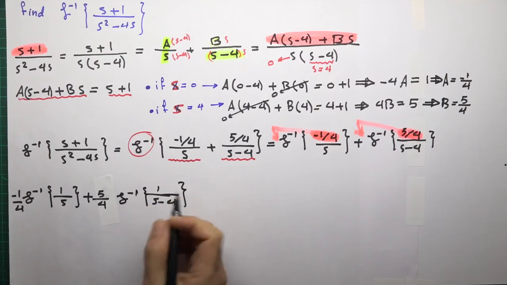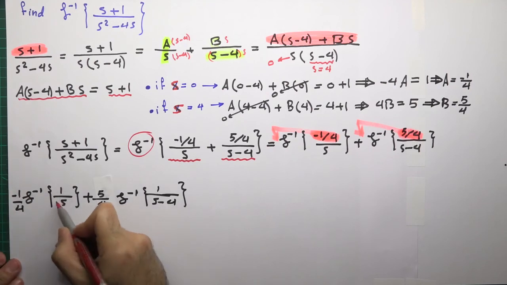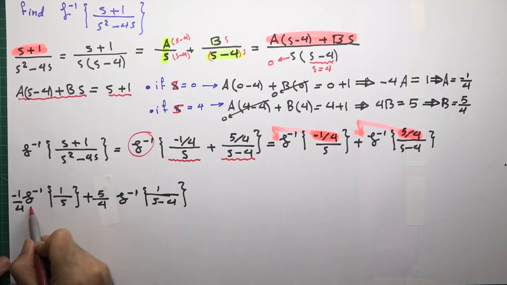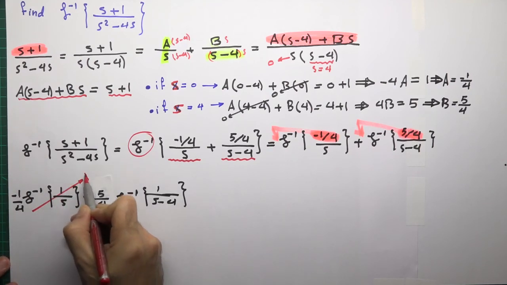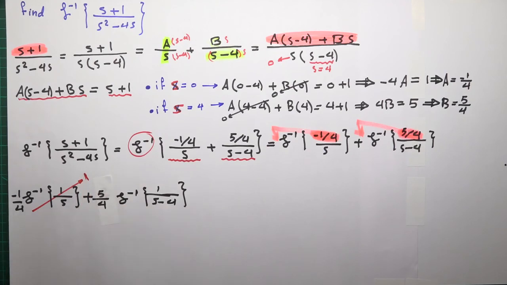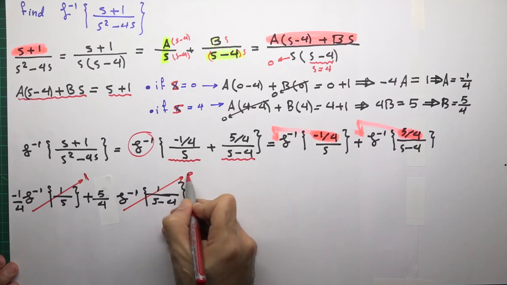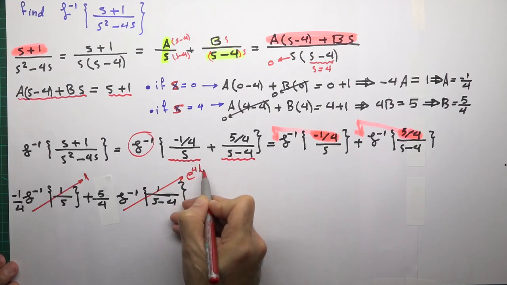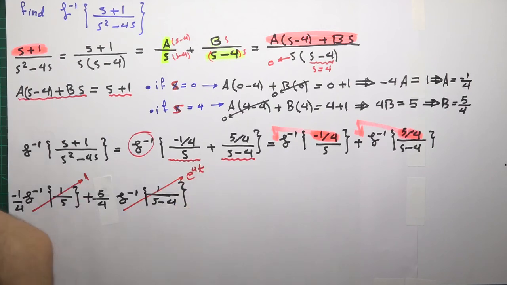I think this is very easy. As you know, this will be automatically 1. I mean, the inverse Laplace transform of 1 over s equals 1 following the inverse Laplace transform table, and this one will be e to the 4t, and this is the last step.